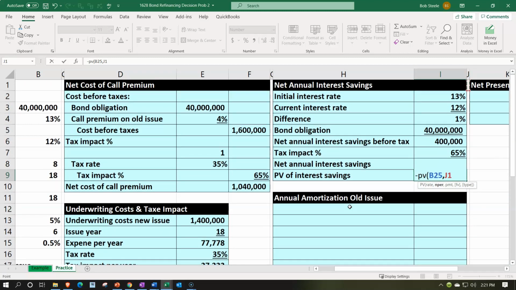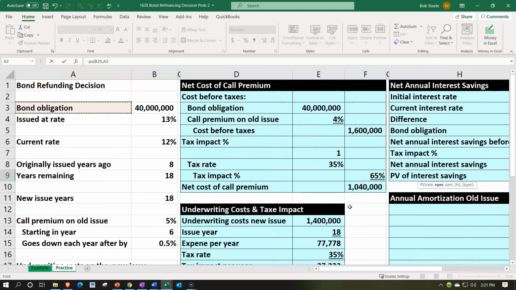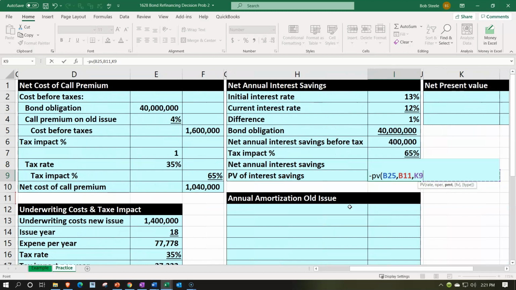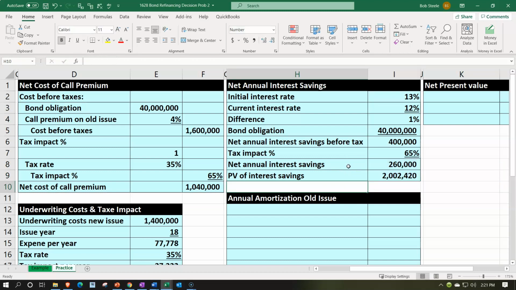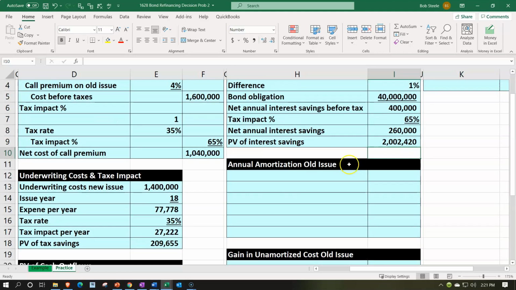The number of periods is going to be 18. Let's pull that over here. Let's pick up the 18, comma. And then we have the payment, which is going to be that amount. We just calculated the net interest savings, the 260,000. That gives us our 2,002,420. So there's going to be our present value of the interest savings.